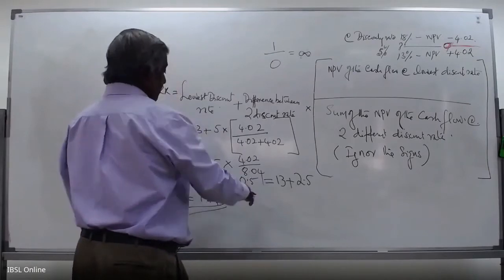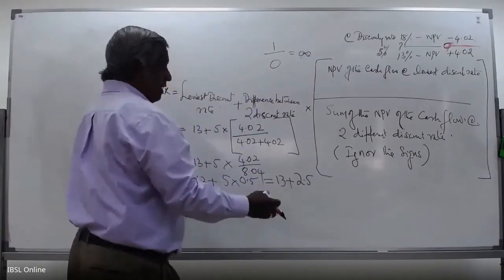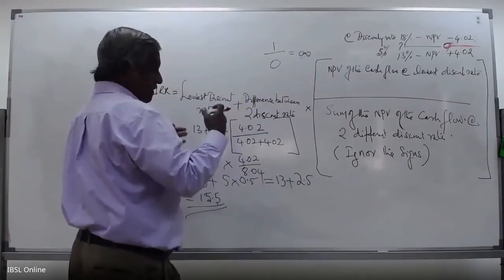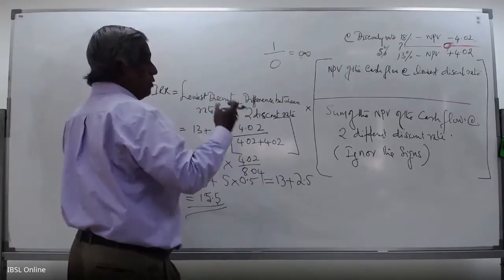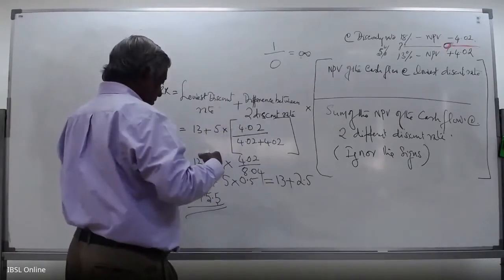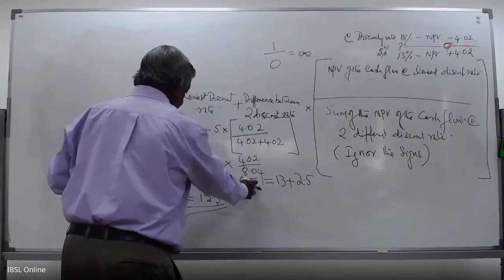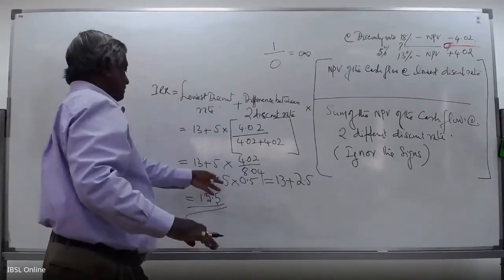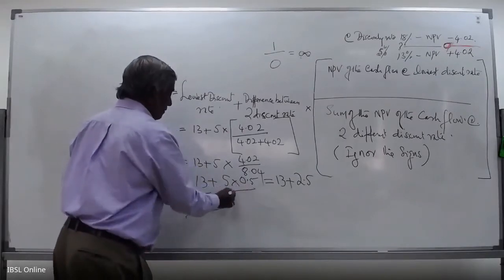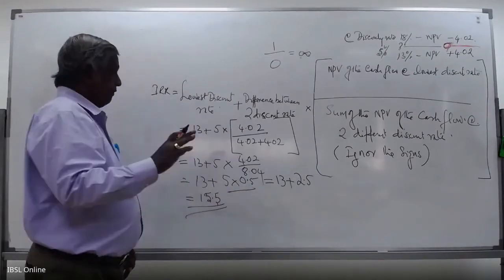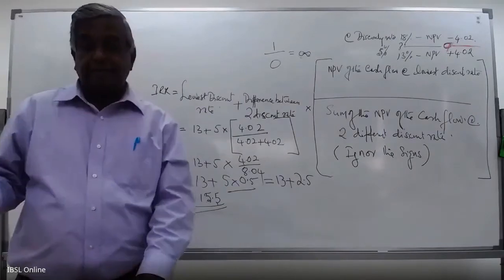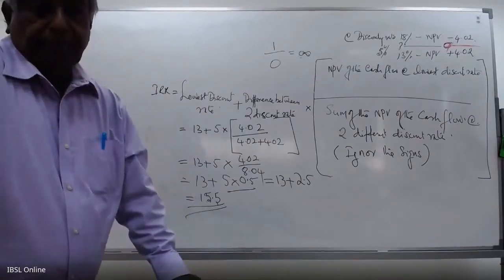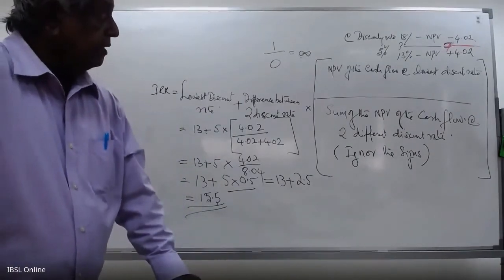First you solve within the bracket, then do multiplication, then division, then addition, then subtraction. So 0.5 into 5 plus 13. This is 2.5 plus 13, 15.5. This is the IRR in this calculation.